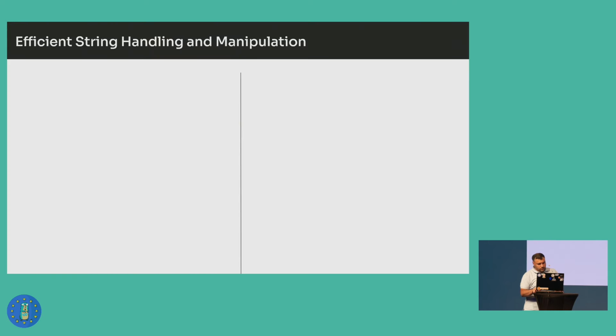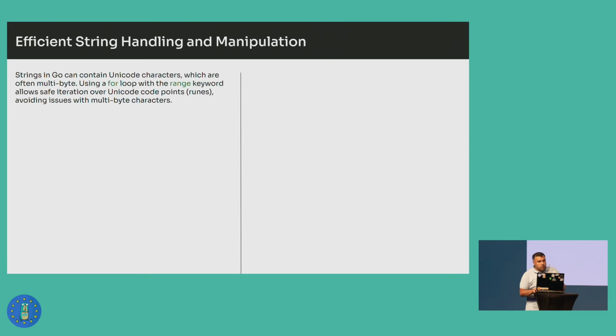Strings. So in Go, strings are immutable, and it's important to handle strings effectively, which involves iteration and trimming operations. When working with strings, sometimes we deal with Unicode and often multi-byte.